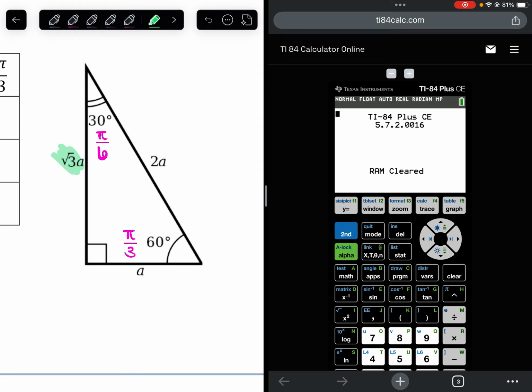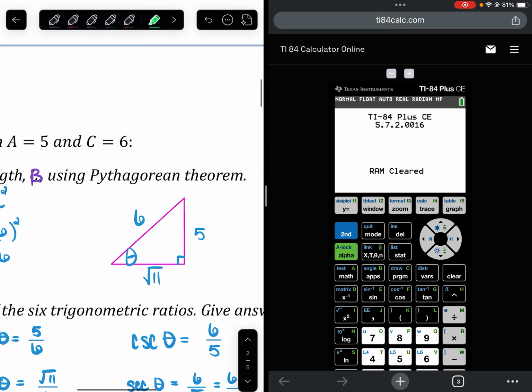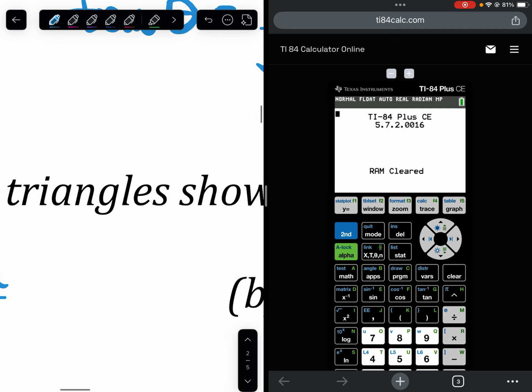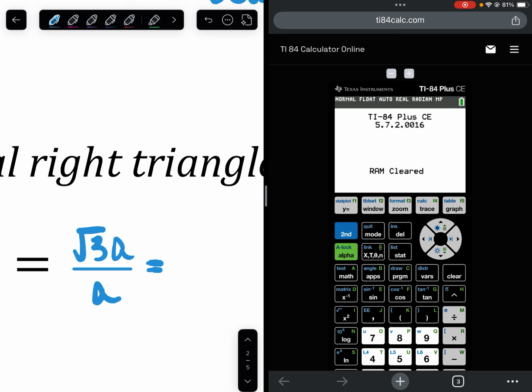So square root of 3a divided by a. The a's divide out, and we are left with the square root of 3. So tangent of pi thirds is the square root of 3.